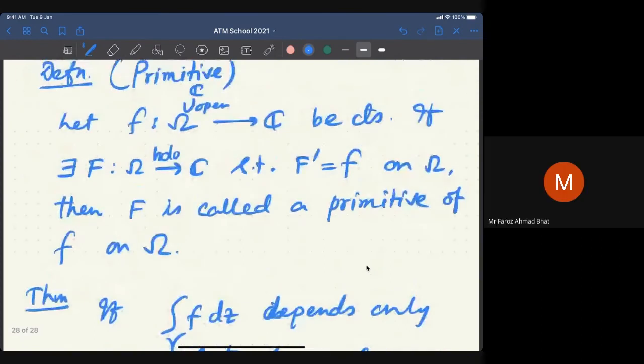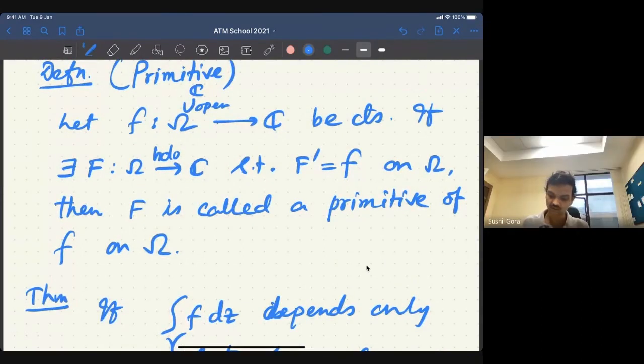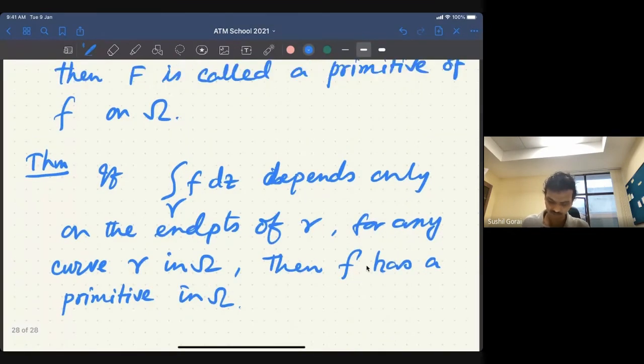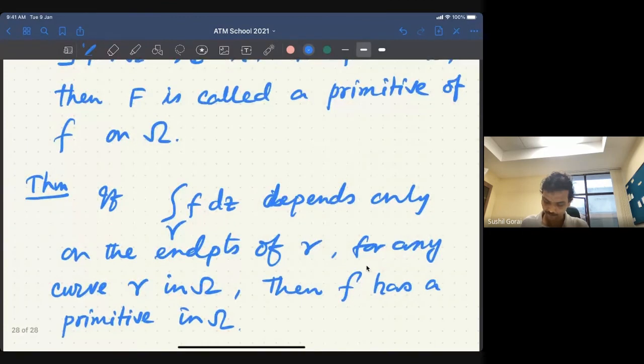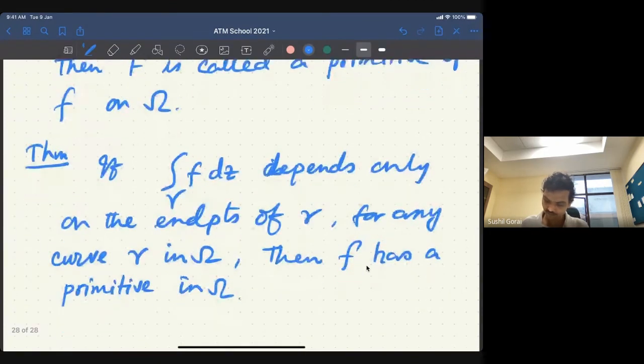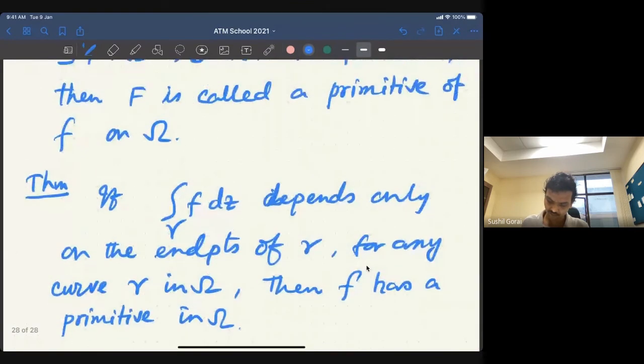So don't we need the continuity of f in this theorem? Yeah, of course, if f has a primitive, f will be continuous. While defining integration, we generally assumed f to be continuous. We did not take any other assumption while defining the integral.